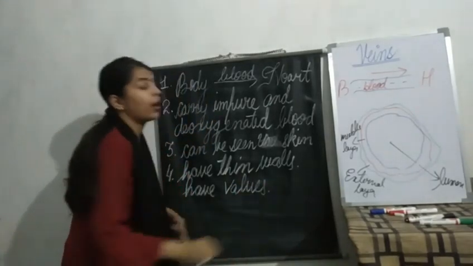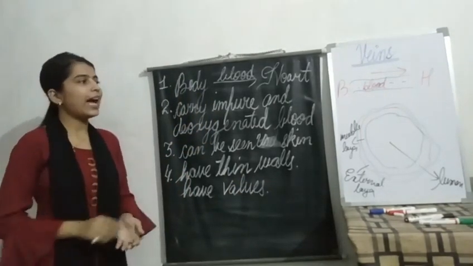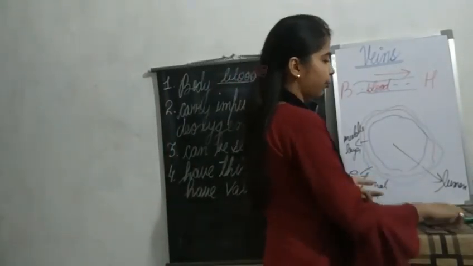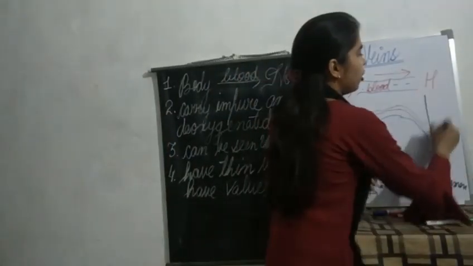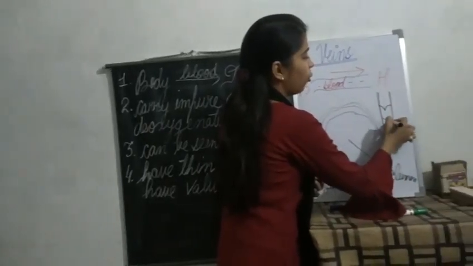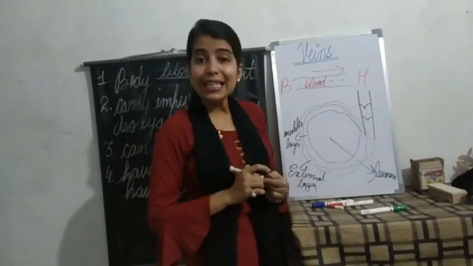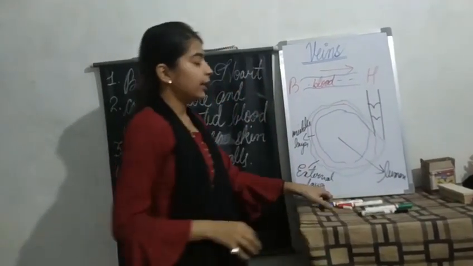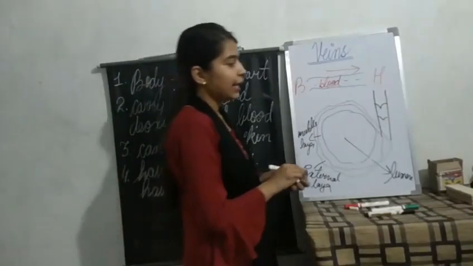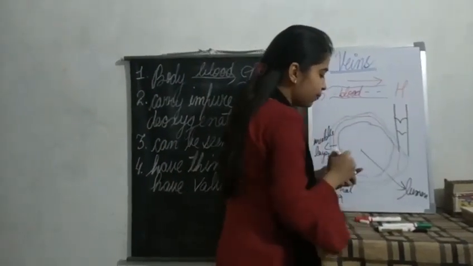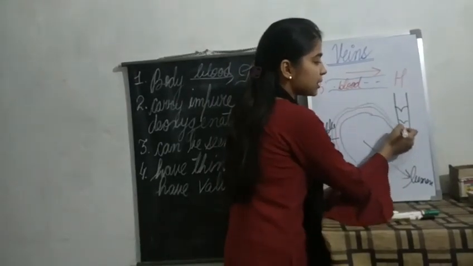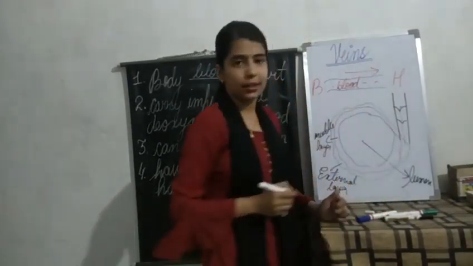What is the meaning of a valve? Do you know? They are just like gates or openings. Suppose this is your vein, so they will have small openings. And why is it so? These veins need to carry the blood from your body parts towards your heart.